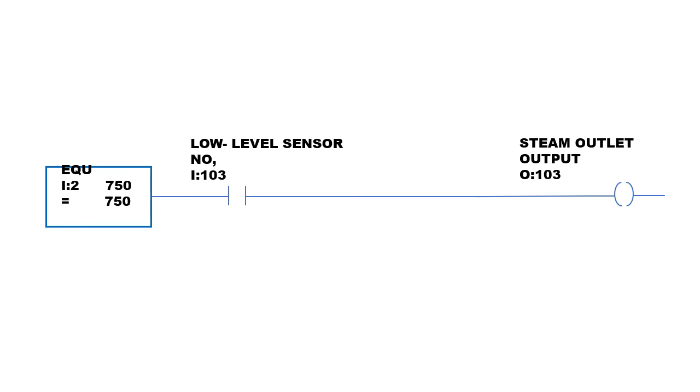The use of this comparator, equals 75 degrees, is to allow the steam outlet to open so that the heat will blow out from the tank and flow to the specific component after the marine boiler.